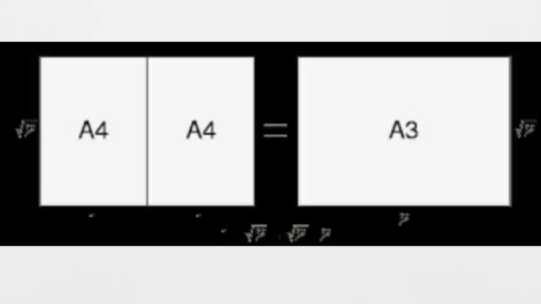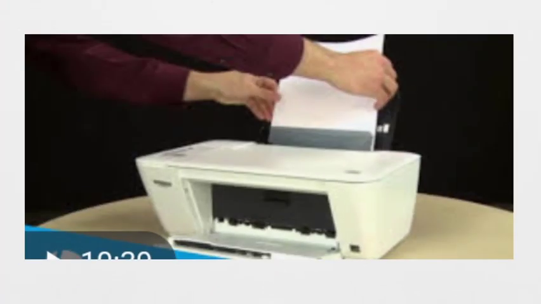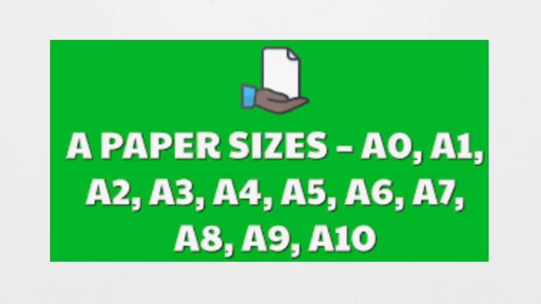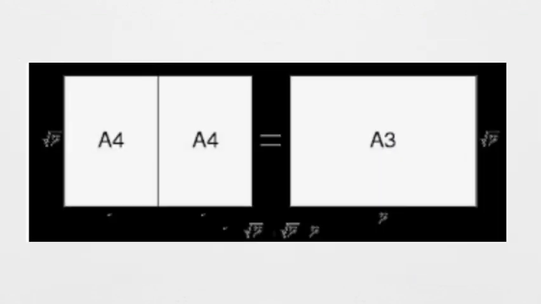Fine. So which paper you are going to install in the printer's tray. There is a printer tray where you are keeping the pages, where you are inserting the page to take printout. So we need to see what is the paper size of that. Fine. So which paper size you have installed in the printer, the same size you have to select in Microsoft Word also.